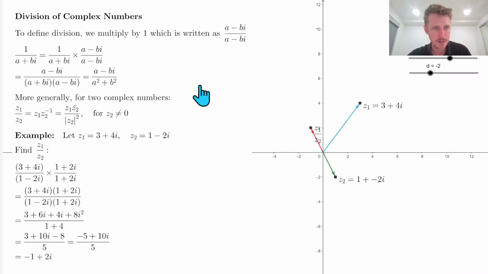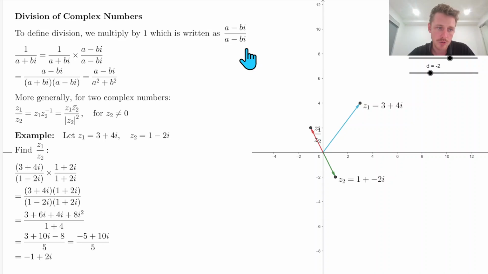Okay, very last thing, division of complex numbers, not to be understated. This is very important. So to define division, let's multiply our complex number by 1, but we write the number 1 as a minus bi divided by a minus bi.